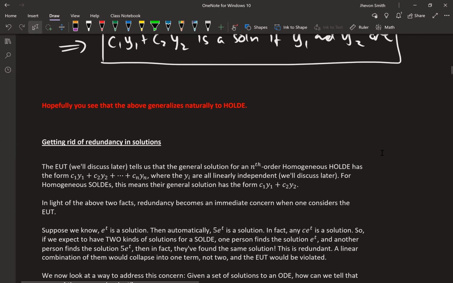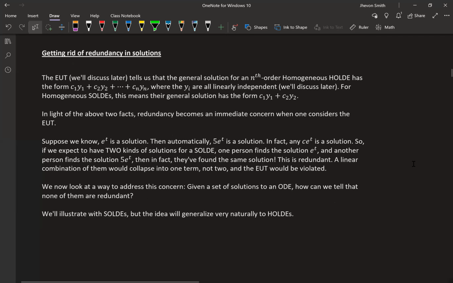And if I know that two things are solutions and then someone tells me C1 times this one plus C2 times that one is a solution, again, it's redundant, right? Knowing these two solutions, I automatically know a constant times the function is a solution, and I automatically know linear combinations of solutions are solutions. So for anyone to give me solutions of that form, they're going to be redundant.